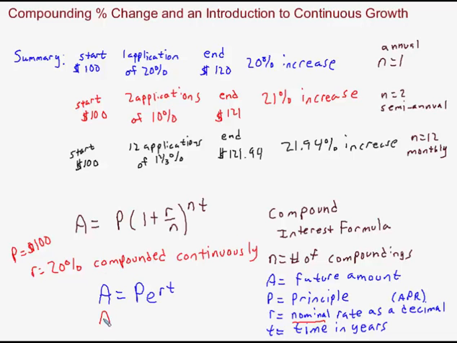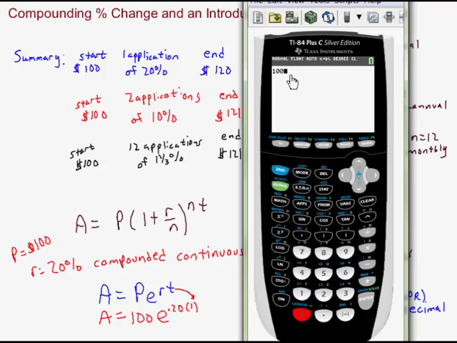You would proceed to plug in P equals $100 for the principal, that's the initial investment. E is just that number 2.718 roughly on your calculator. r was 0.20 still. And we're going to let our money sit for 1 year again. And if I did this, I would get 100. Now I want to multiply by e.